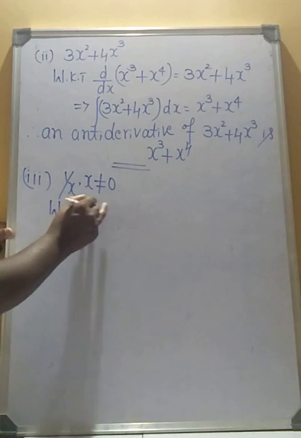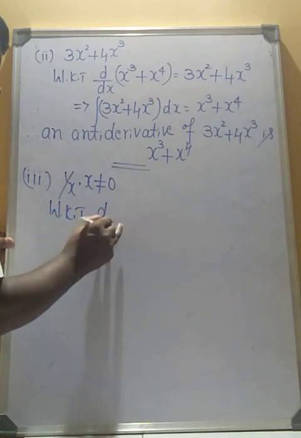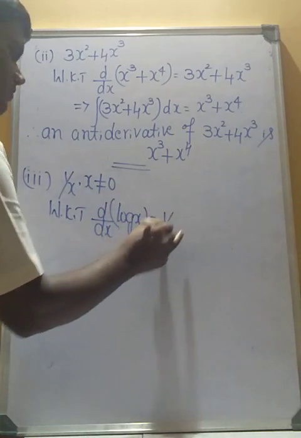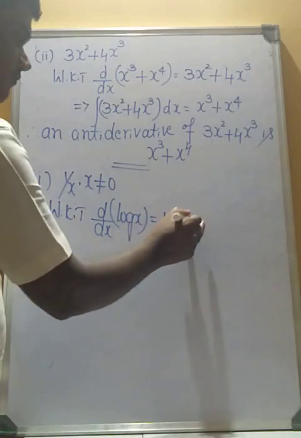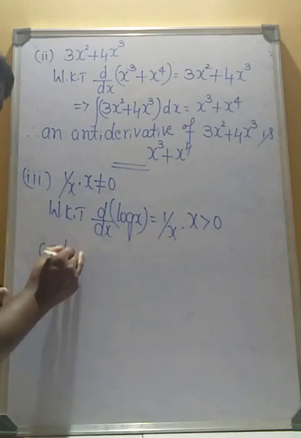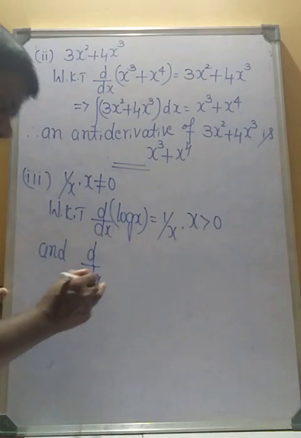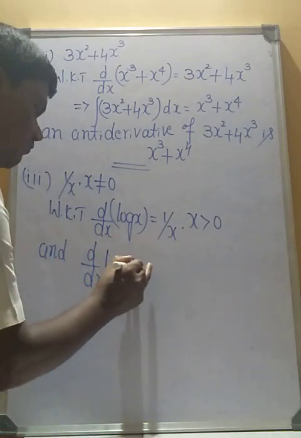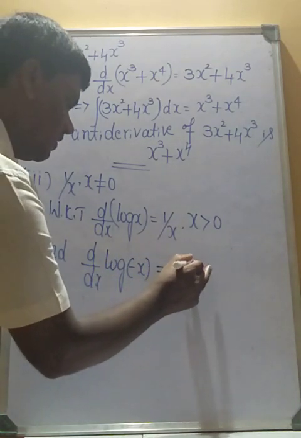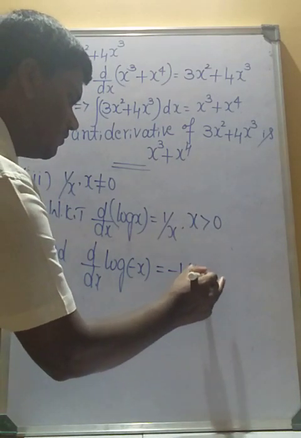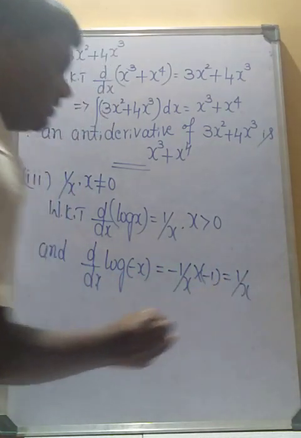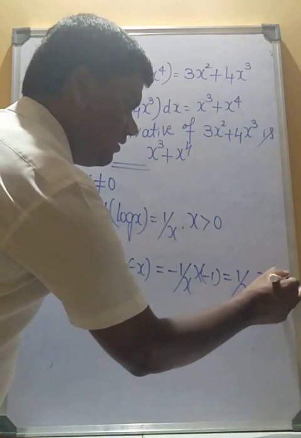We know that d by dx of log x is equal to 1 by x, where x is greater than 0, and d by dx of log of minus x is equal to minus 1 by x into minus 1, that is plus 1 by x, here x less than 0.